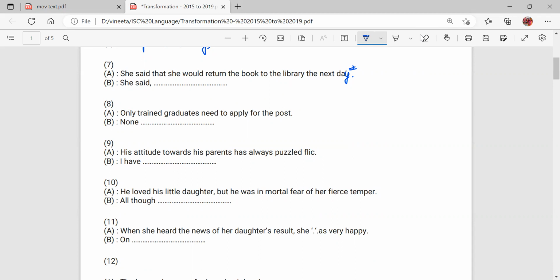So it will become, she said, comma, begin double inverted comma, quotation marks, I will return the book to the library tomorrow, right? The next day will be tomorrow.